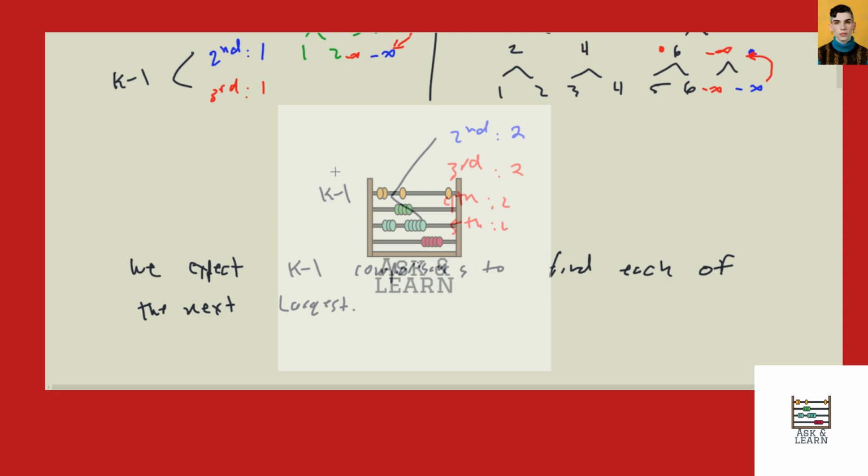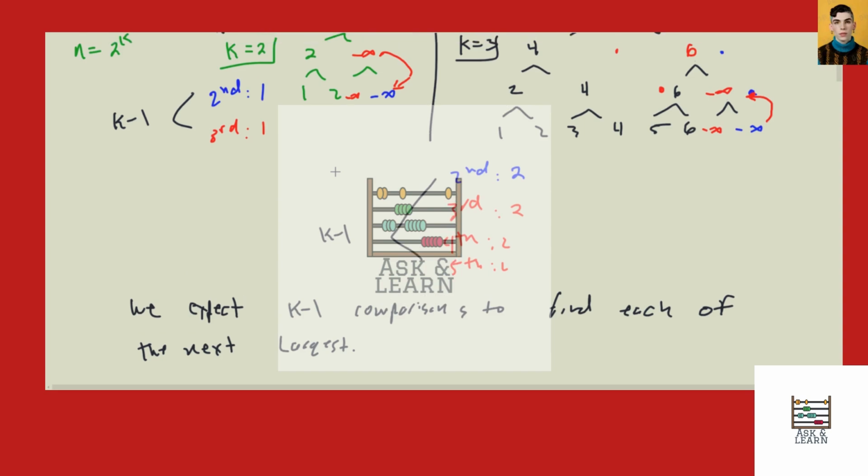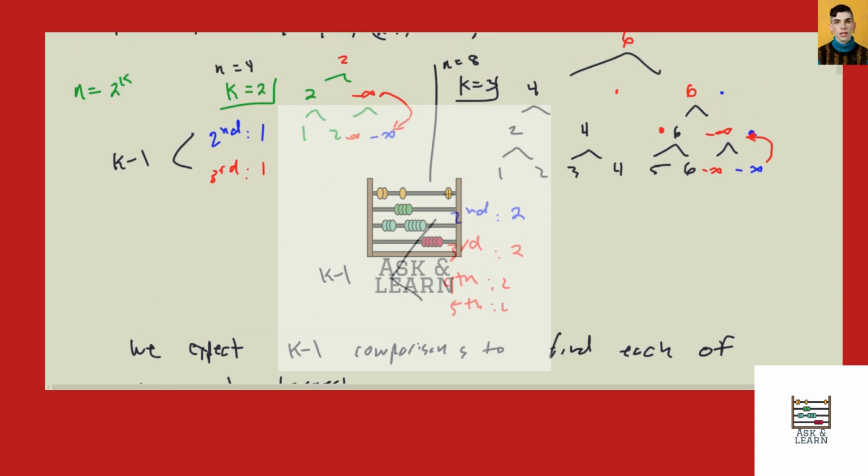And for the very last one, we wouldn't have to compare anything since we've already sorted everything up to that point. This is at least the answer the book expects.